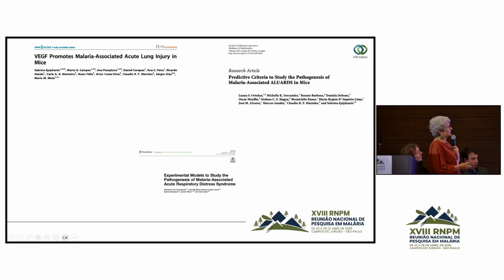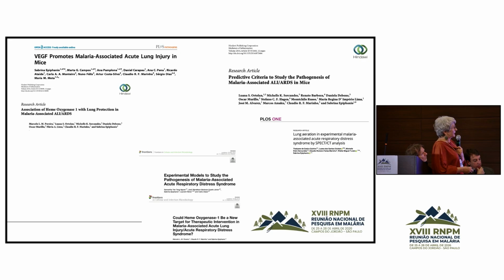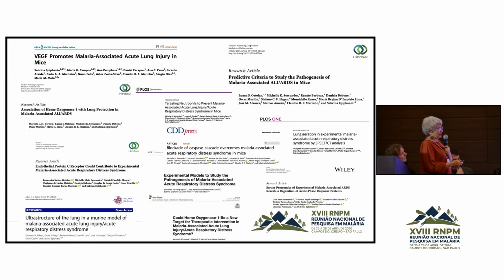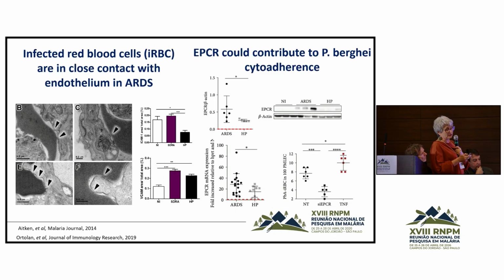Then, as the main researcher, we better characterized the model to develop a predictive model to identify the animals dying from ARDS on day 7 of infection compared to those who didn't develop it. In this first part, I'm going to talk about the outcomes of these studies, the main research line of my lab.